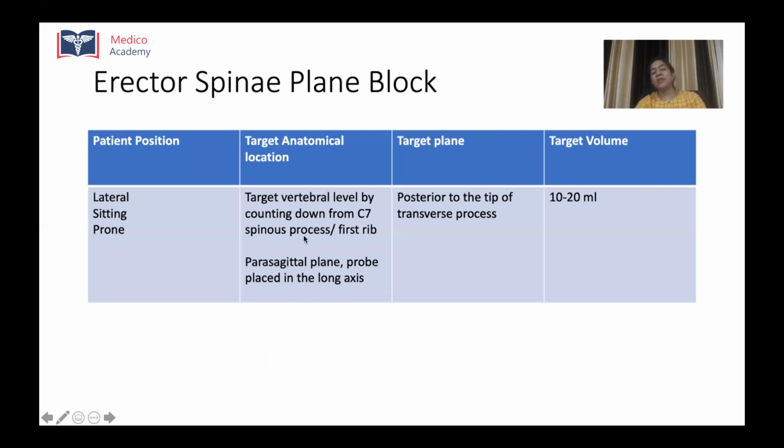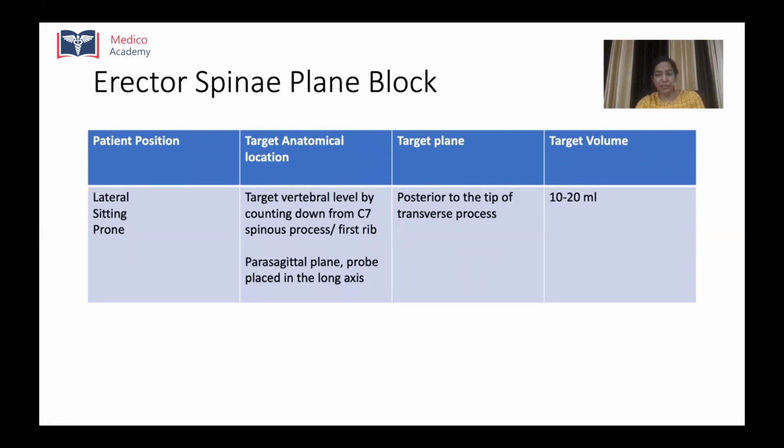This is a very easy block, and the patient may be lateral, sitting or prone. The targeted anatomical location would be the vertebral level by counting. We have to identify the target vertebral level by counting down from the C7 spinous process or from the first rib. The long axis of the probe is placed in a parasagittal plane.